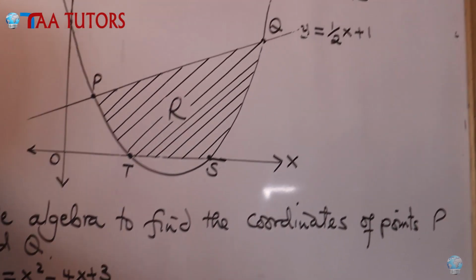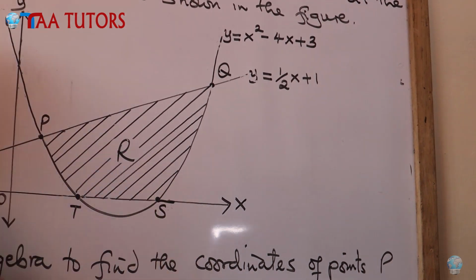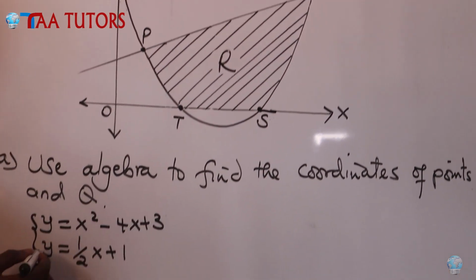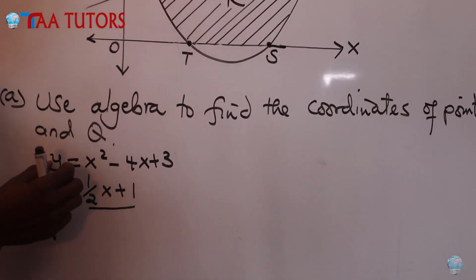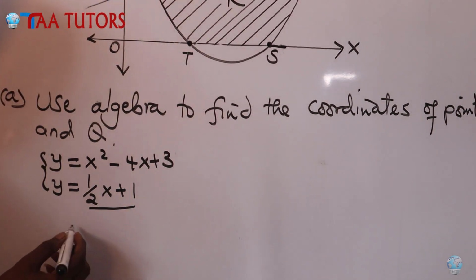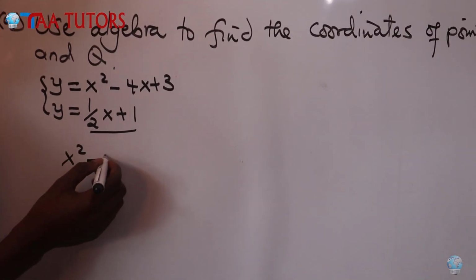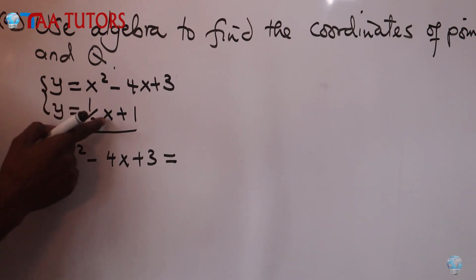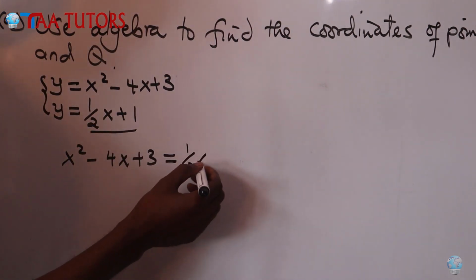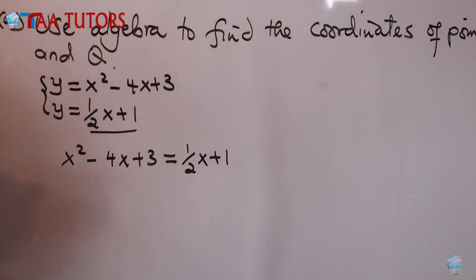These two equations are simultaneous at points P and Q. So I can say this y is equal to this y here. So I'll substitute and say x squared minus 4x plus 3 should be equal to y, where y is a half x plus 1.